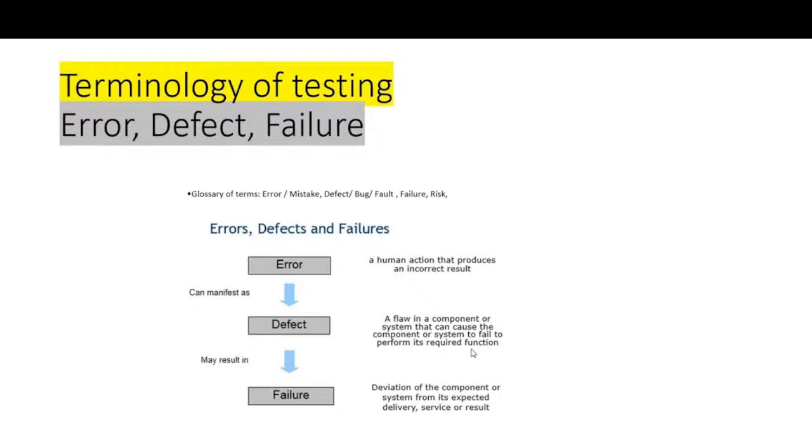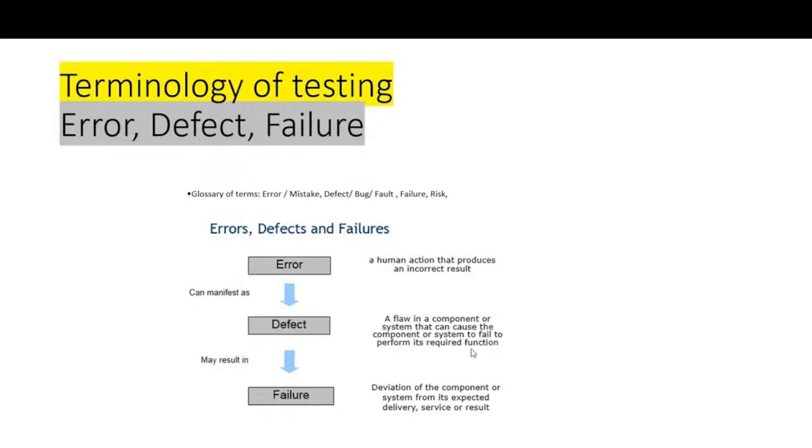But my deliverable is just freezing whatever I put into it. That is called a defective product. A failure is a deviation of the system from its expected delivery to the actual one. It was supposed to be a TV, but it is a fridge. That is called a failure.